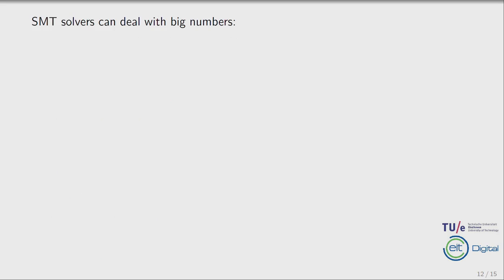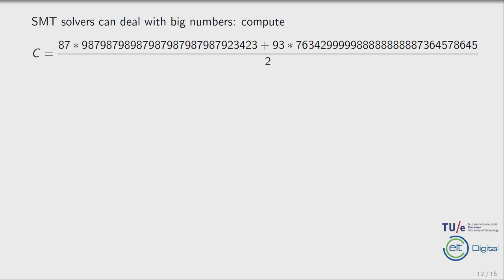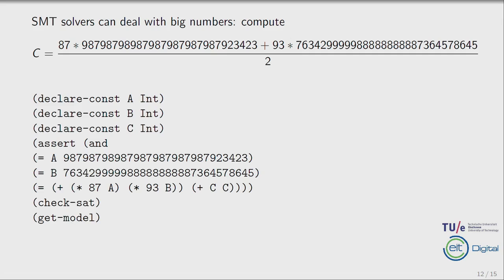SMT solvers can also deal with very big numbers. For instance, if we want to compute 87 times a very big odd number plus 93 times a very big other odd number, and we want to divide it by 2, well, which is possible since both parts are odd, so the sum is even, so dividing by 2 is possible. So this should be an integer. If we want to compute this by the SMT solver, we can do this by the following formula.